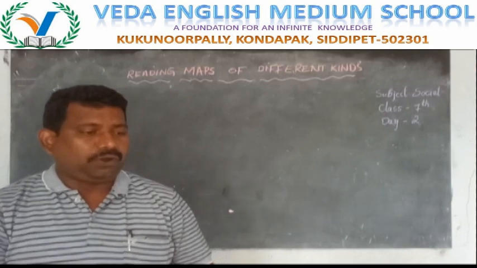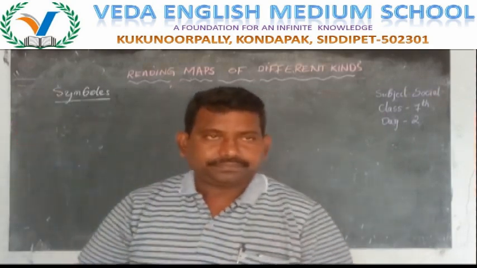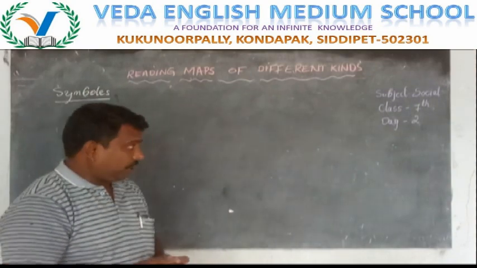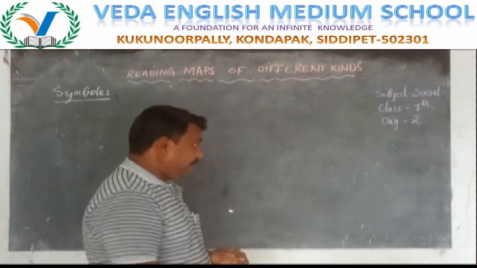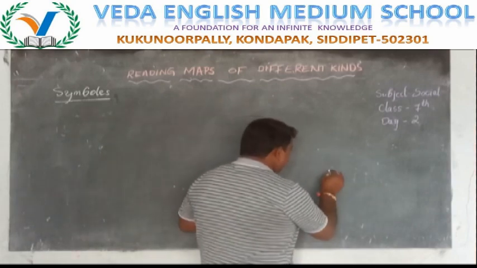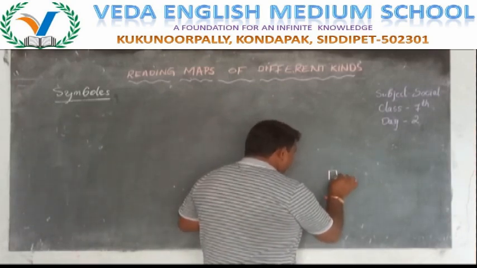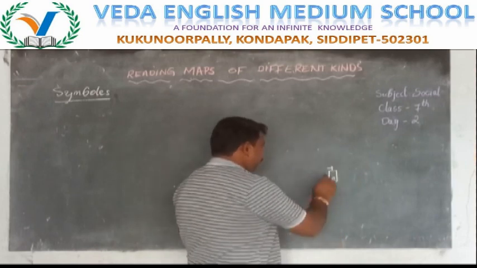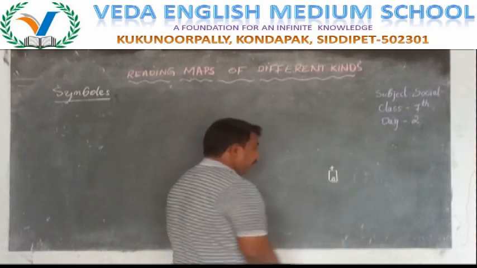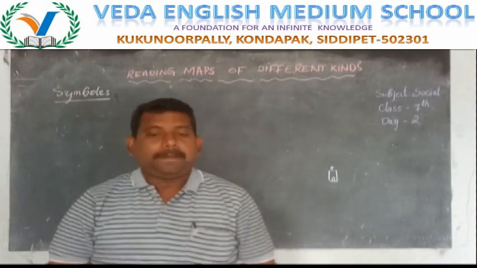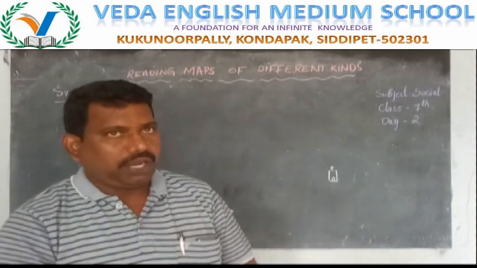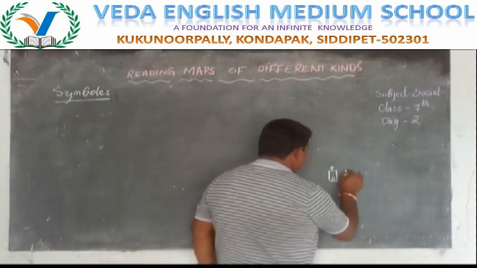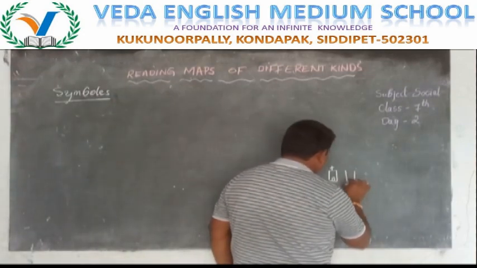For example, if you want to show the church on the map, we use the symbol of the church. Like this we show on the map. If you want to show the temple, then simply we draw like this.